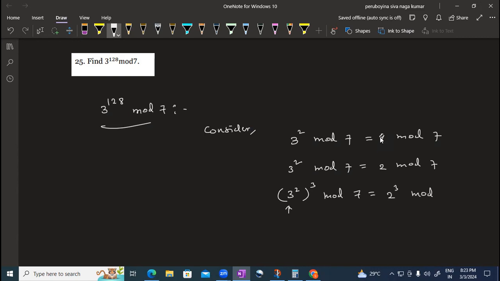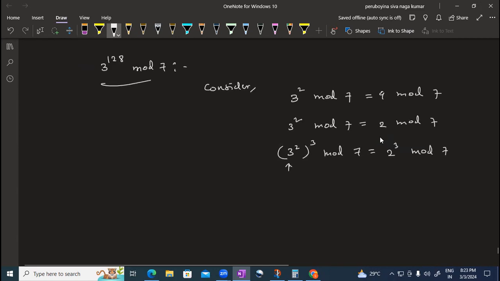So 3 power 6 mod 7 is equal to 8 mod 7, which means 1 mod 7.